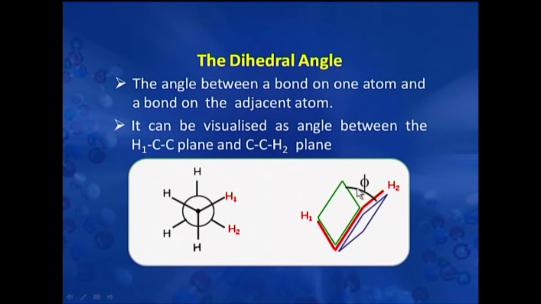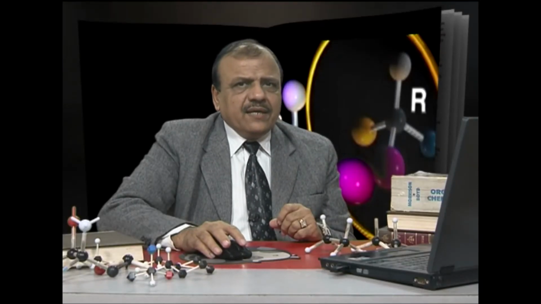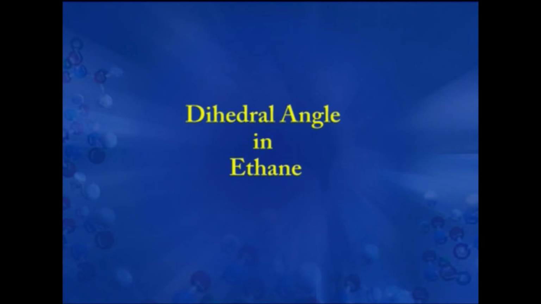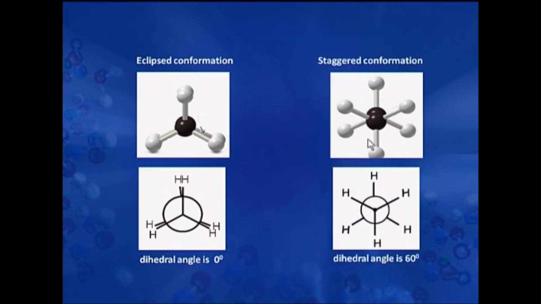So this angle is called dihedral angle, because we will be using the dihedral angle very often to specify different conformations for various molecules. Now, the dihedral angle in ethane for the eclipsed conformation: we find that hydrogens are just eclipsing each other, meaning these bonds are just behind each other. So dihedral angle is 0, whereas in staggered conformation, this dihedral angle comes out to be 60 degrees.